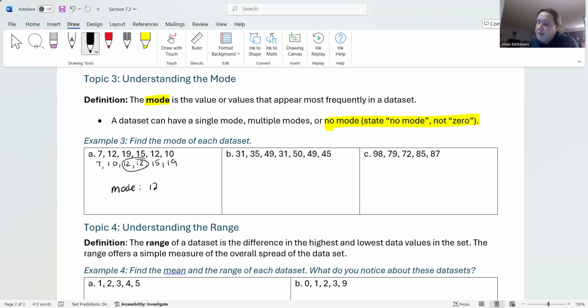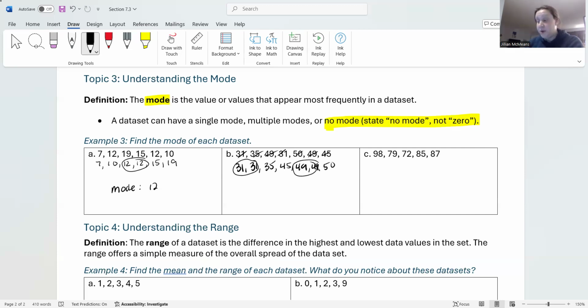Let's put this set in order. We have 31, 31 again, then 35, then 45, then 49, 49 again, and 50. I can see 31 shows up twice, but so does 49.